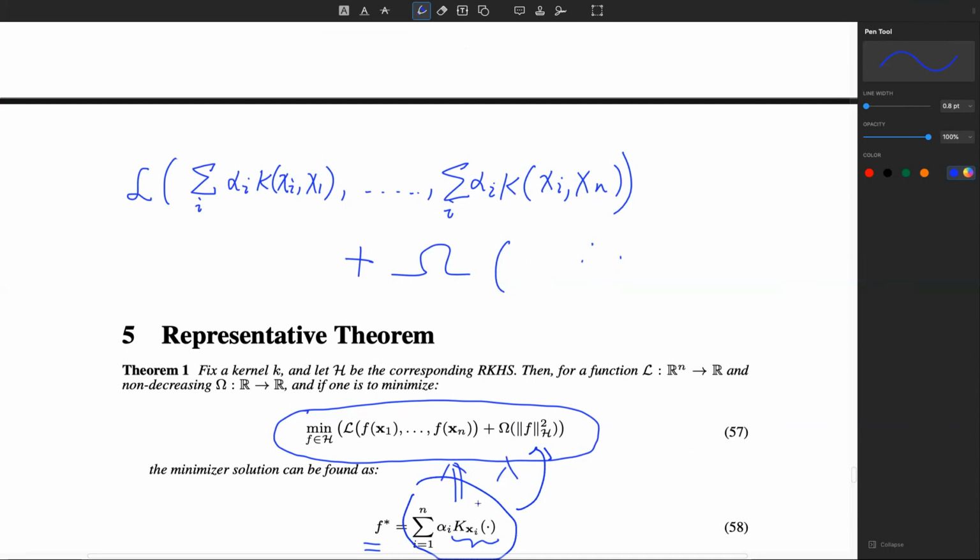If I'm computing the norm of it, I'm actually just taking this and taking the square of it. So I'm going to get something like the sum from i equals 1 to n, j equals 1 to n, of alpha_i alpha_j, and also k(x_i, x_j).